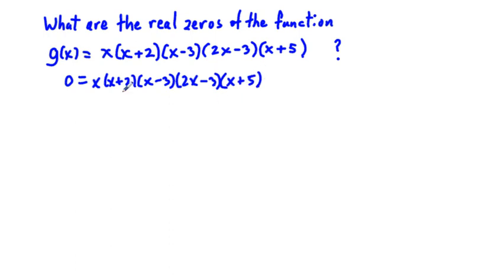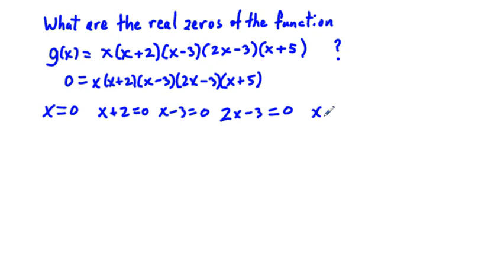Using the zero factor property, we can set each of these factors equal to 0. The first factor is x, so x equals 0. We have x plus 2 equal to 0, x minus 3 equal to 0, 2x minus 3 equal to 0, and finally x plus 5 equal to 0.